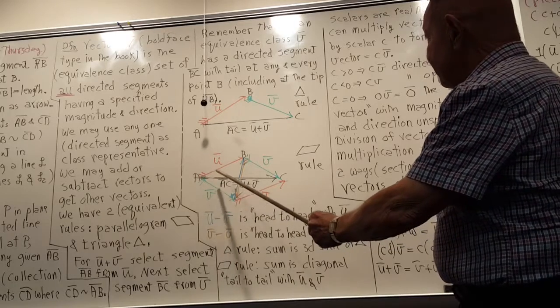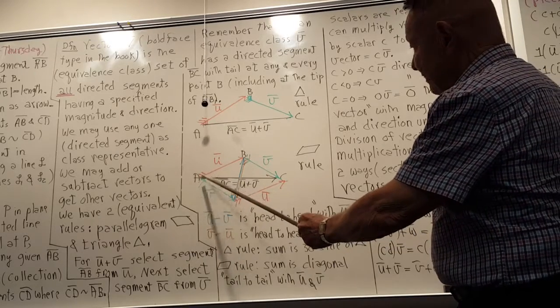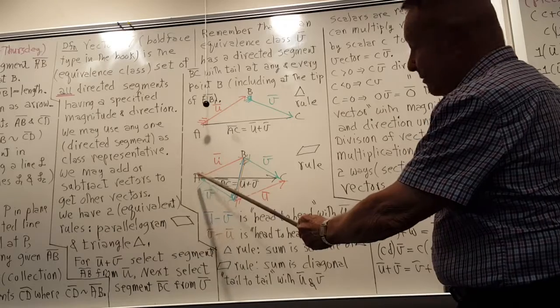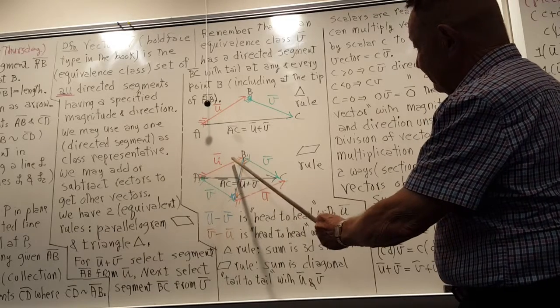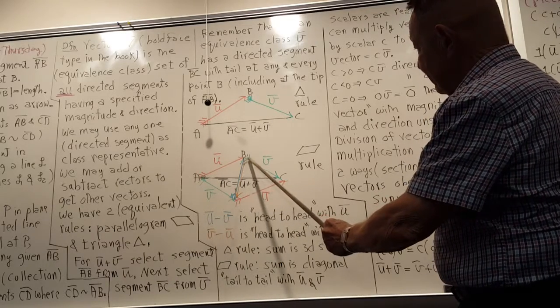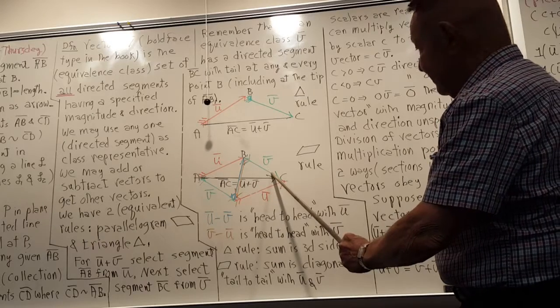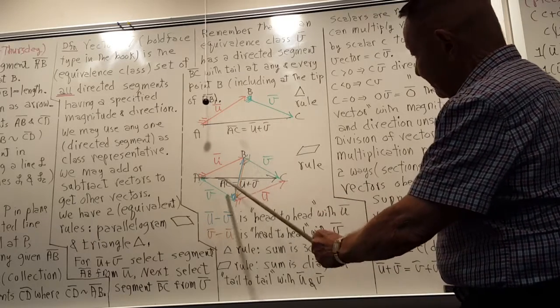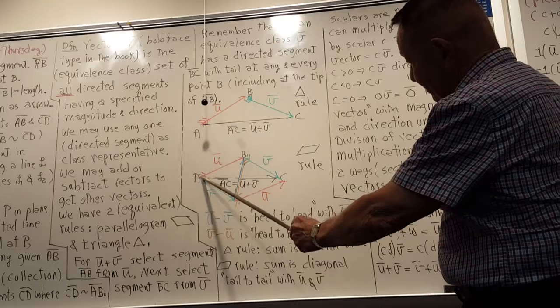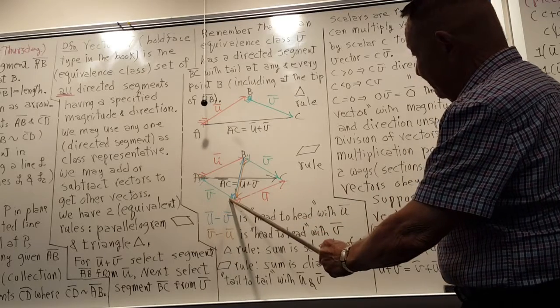If I'm doing it with the parallelogram rule, I start out the same way and form the two sides of my triangle like this, and I also complete the parallelogram.